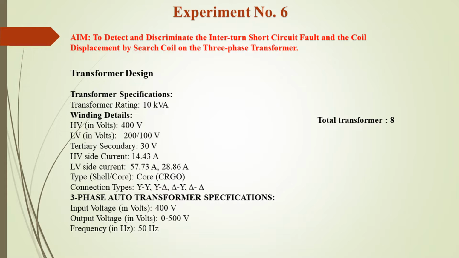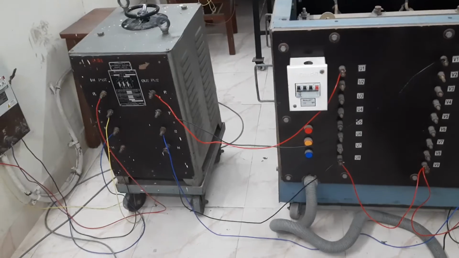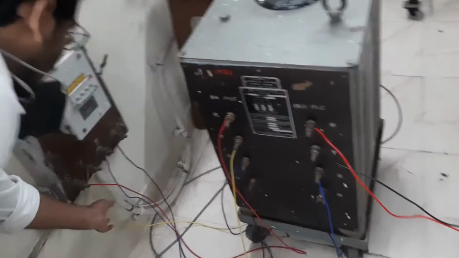In experiment number 2, we already discussed the design of the transformer and how the tapping of the HV and LV is brought out. Thus we will see the connection of the transformer for this experiment. This is the complete setup of our experiment.